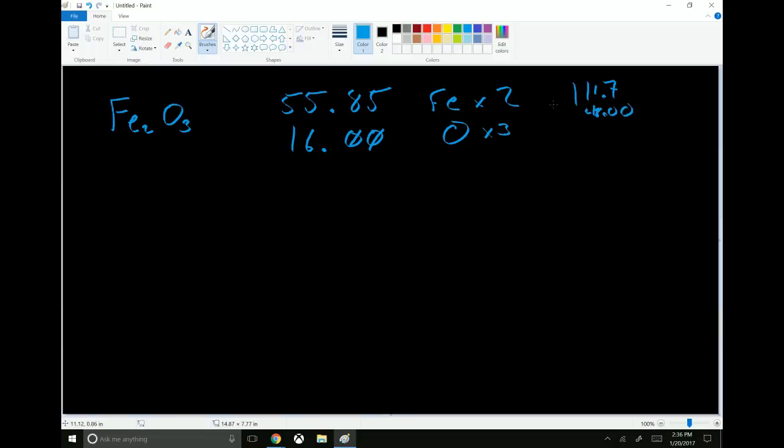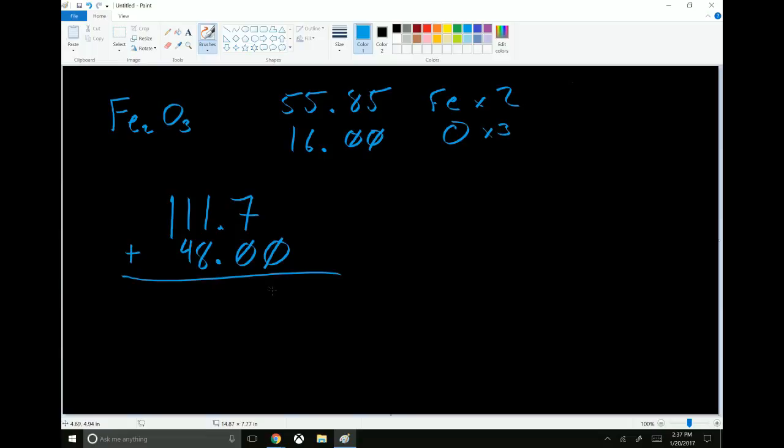You can't read that probably. Go ahead and make those a little bit easier to read. All right, so 111.7 and 48.00. So then you go ahead and add those together.